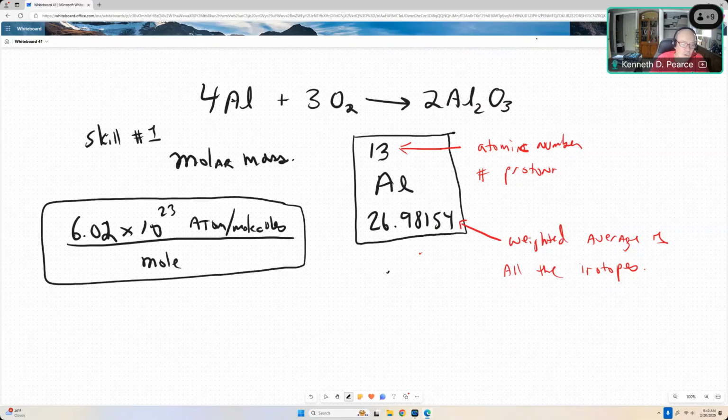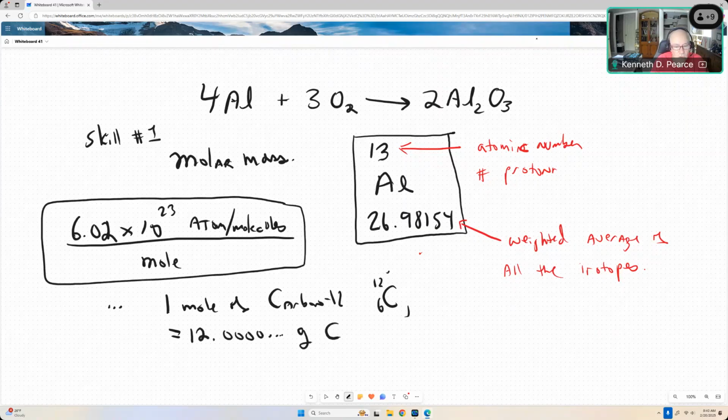Now, what does this do for us? Well, that in and of itself doesn't do anything for us, but what we can say is that if we have 1 mole of carbon 12, or C-12, we're going to say that is exactly 12.0000, as many zeros as you want, grams of carbon 12.